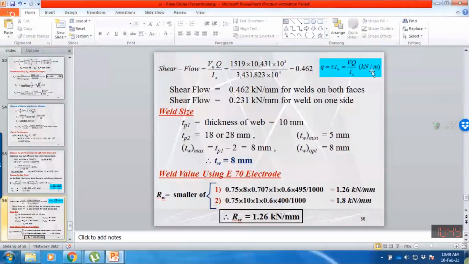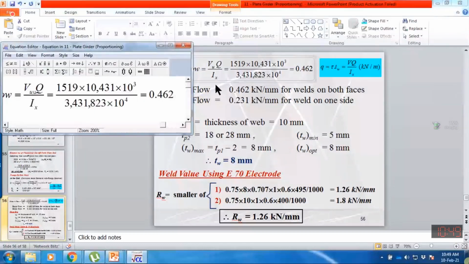Because we need to compare with the weld value, and the weld value is also force acting per unit length. So if we multiply the stress with the thickness, just like bringing the thickness to the other side, that becomes shear flow. The units will be kilonewton per meter.